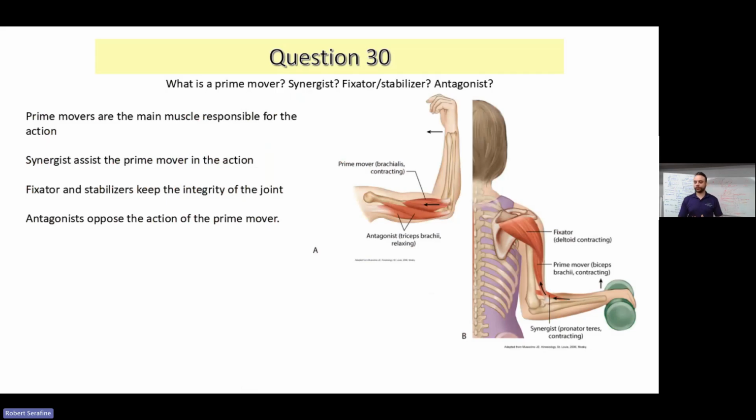This is the muscle most responsible for producing the movement. Again, I'll explain this in a second. Synergists do the same thing that the prime mover does, but just not as well. Fixators and stabilizers help to keep the joint secured during the movement. And then the antagonist does the exact opposite.